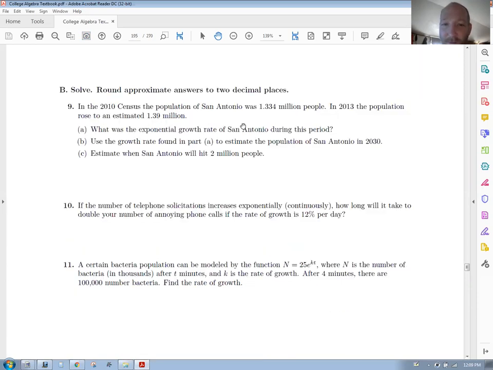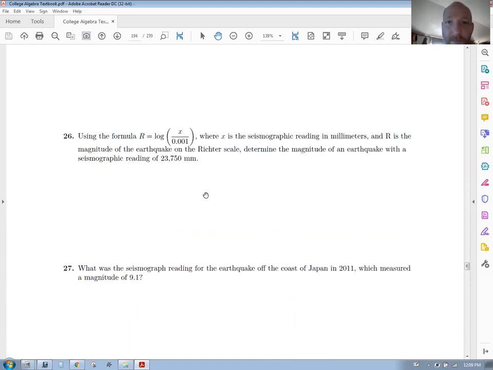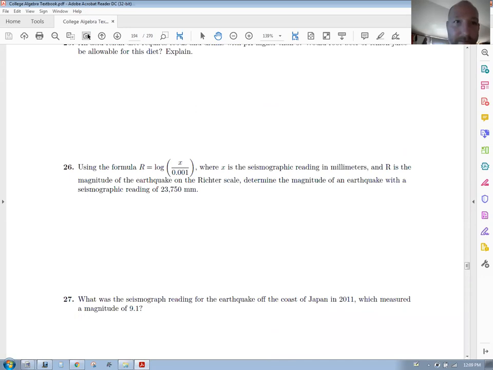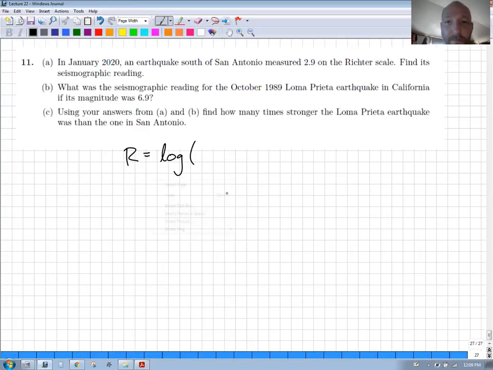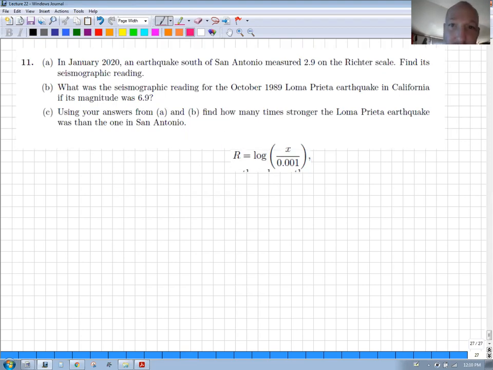And it's around here somewhere. Richter scale. There it is. It's not what I was finding online, but there's our Richter scale formula.